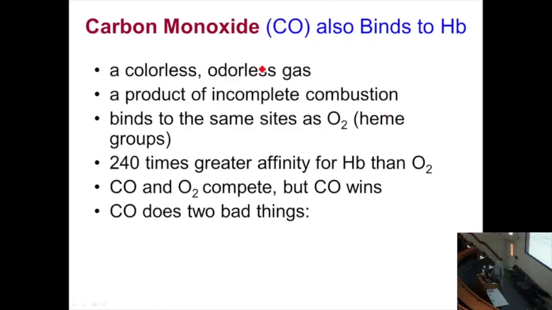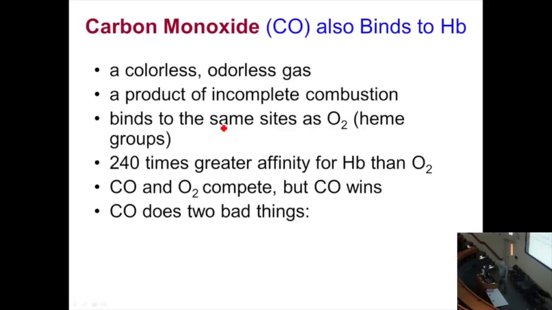The problem with carbon monoxide is that it binds to the same sites that oxygen binds to in hemoglobin, the heme groups, and it also has 240 times higher affinity for these heme groups than oxygen does. So in a competition between oxygen and carbon monoxide, carbon monoxide almost always wins.